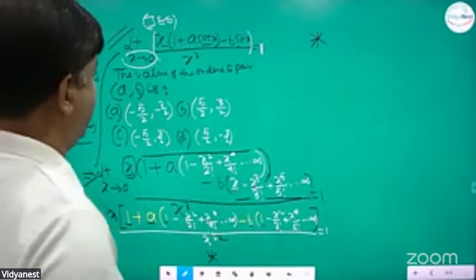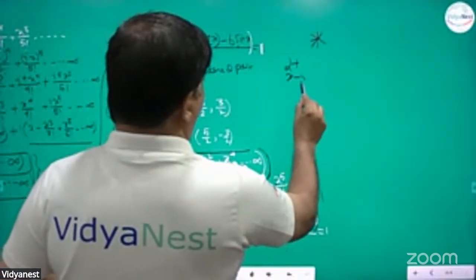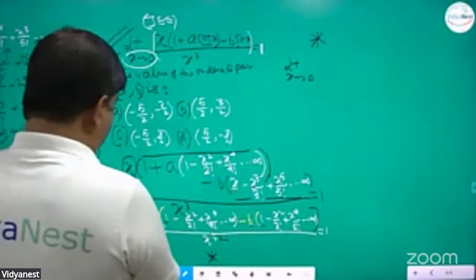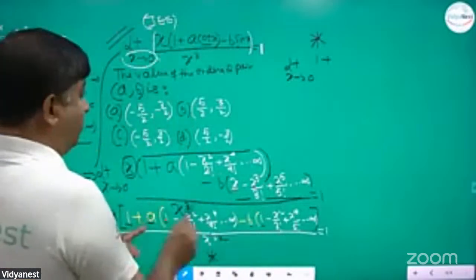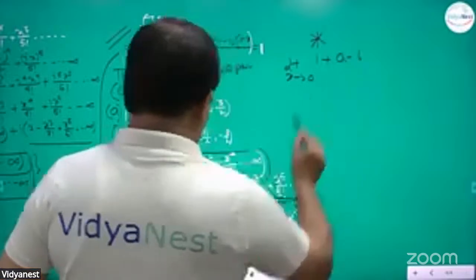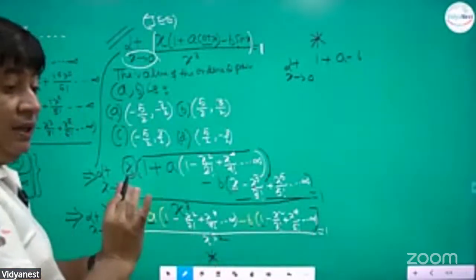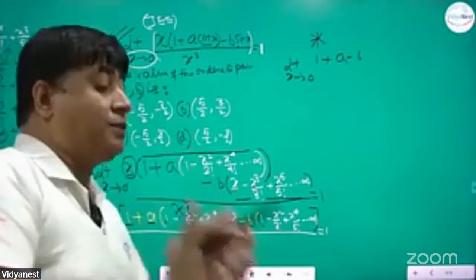You separate them. 1 plus a minus b is separated. And now the rest part.